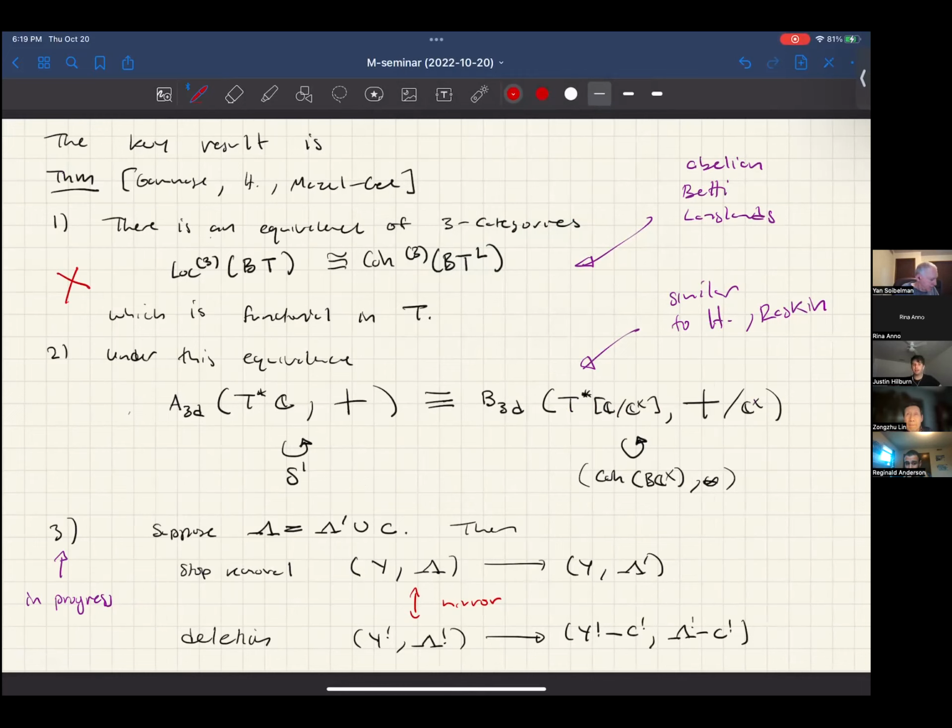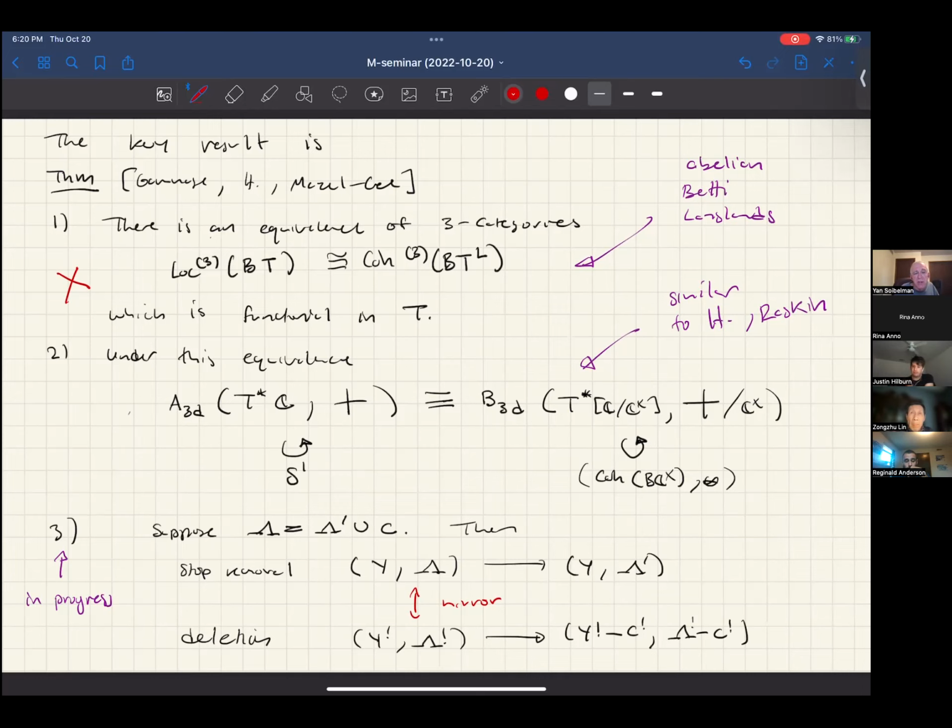I don't know what it is to have a 3 category with an action of a non-abelian group. Yeah, even for the Fukaya category in the presence of some action of a reductive group, I'm not sure that it has been worked out in big generality.